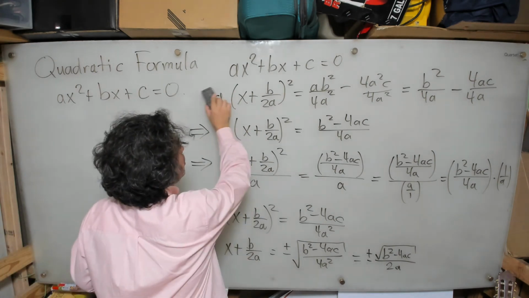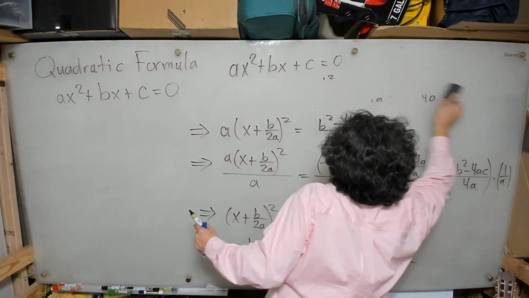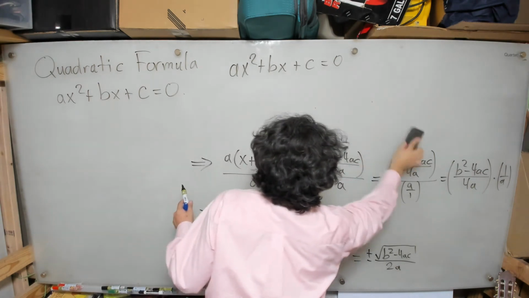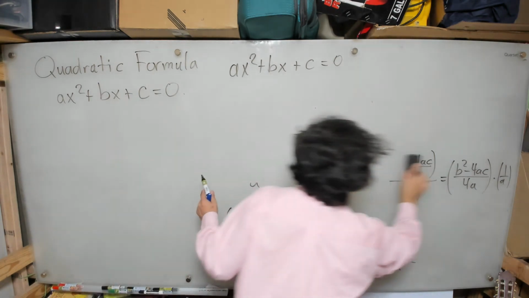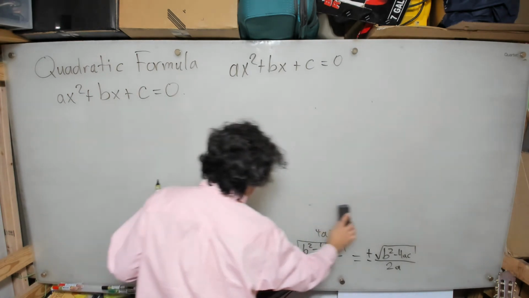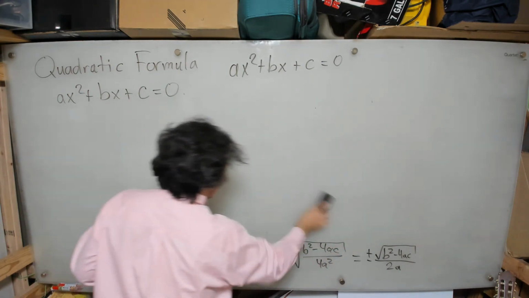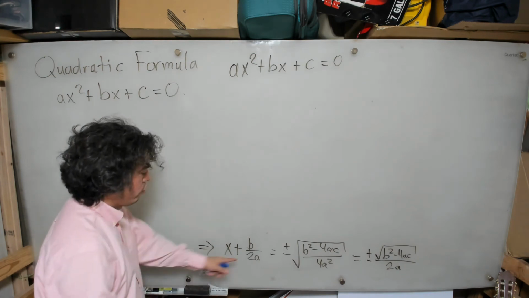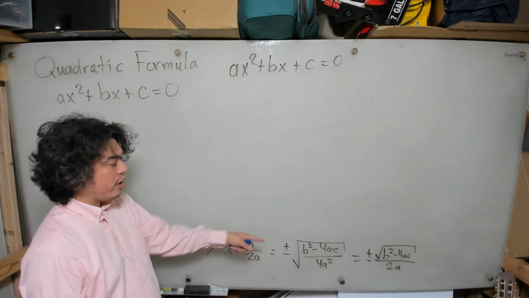So let me get rid of all this. All I have to do is subtract the b over 2a to the other side.